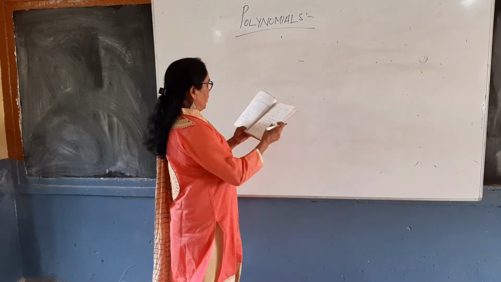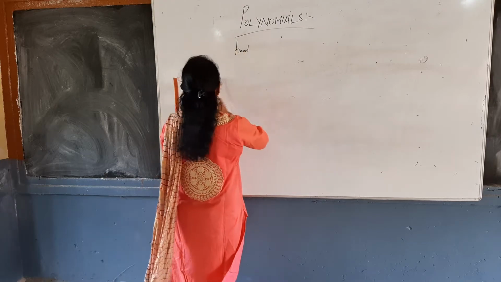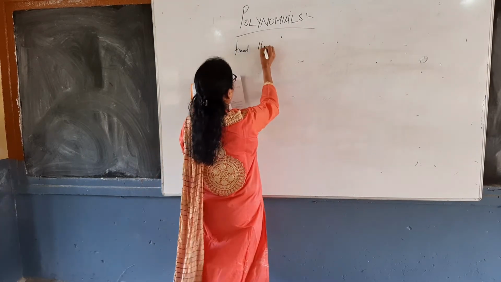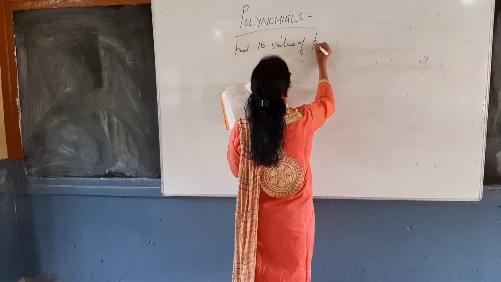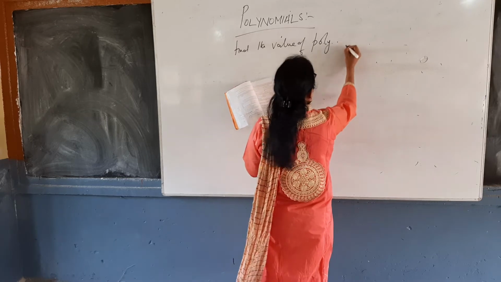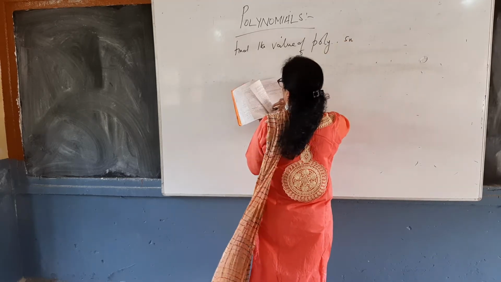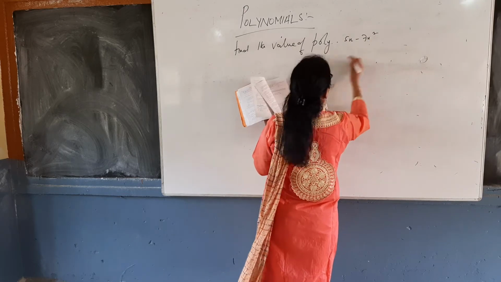Find the value of the polynomial 5x - 7x square + 3.